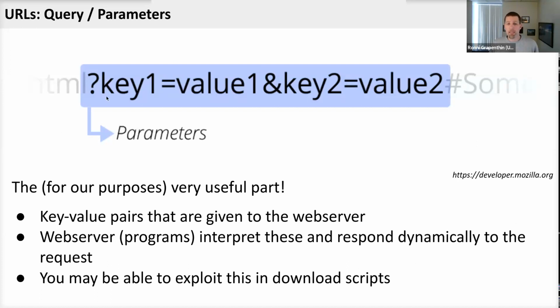Or maybe key 1 here is not called key 1, but it's called start time. And then you have some kind of time value here that is formatted in a way, and this might be end time, and then you might have some additional time string over here that you can format. And instead of having to go through the web interface to set all of these parameters, you could just build the URL yourself, use a command line tool that then perhaps can download the data for you.